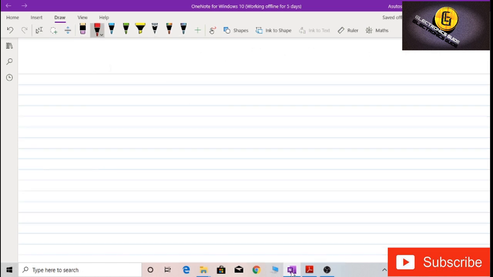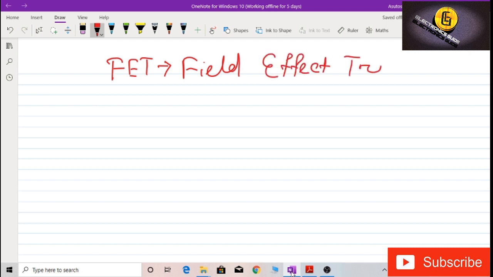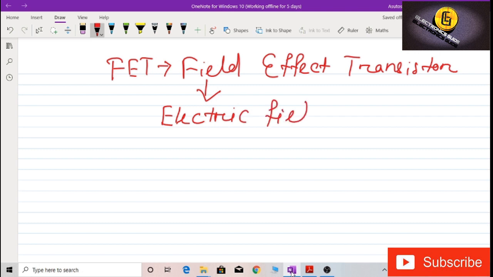So moving to the definition of FET, which is known as field effect transistor. In this name itself, the word field indicates the electric field. The definition of FET says that it is a semiconductor device whose operation wholly depends on the electric field.